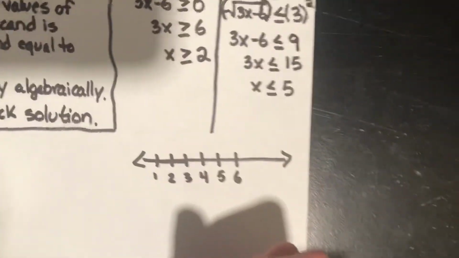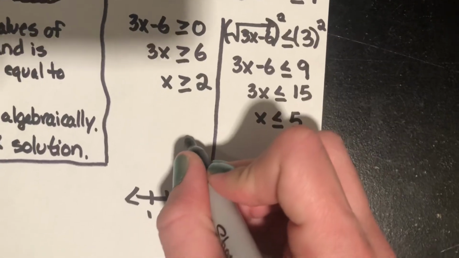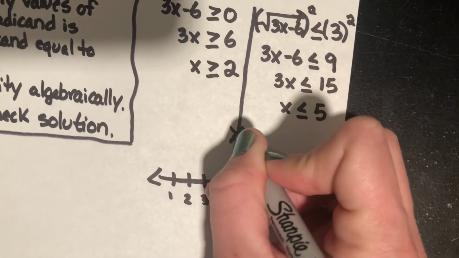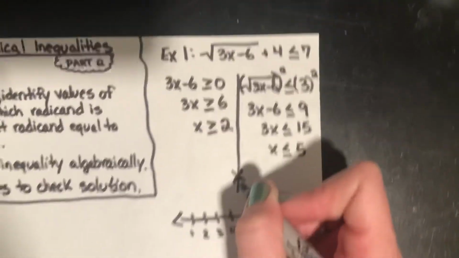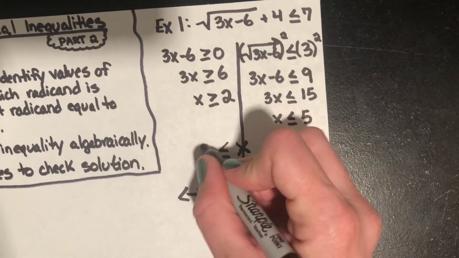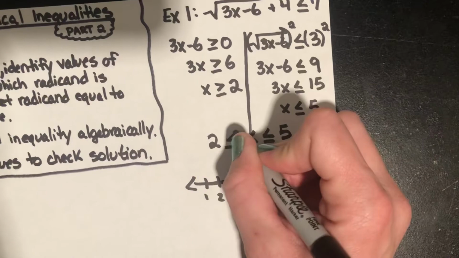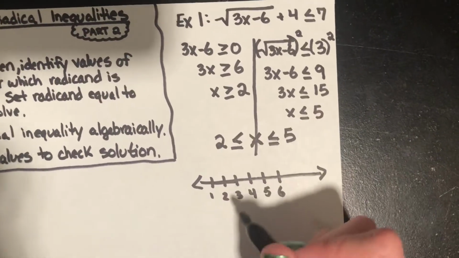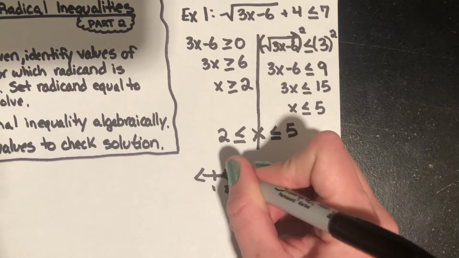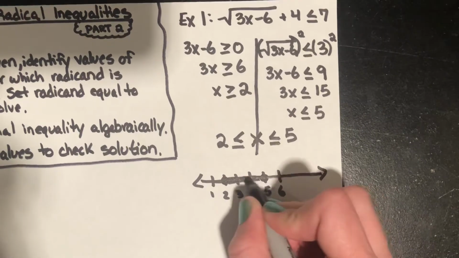So x needs to be greater than or equal to 2 and less than or equal to 5. Both of these have equal to signs, so they're both going to be solid dots. We're going to put a solid dot at 2 and a solid dot at 5, and color in everything in between those two dots.